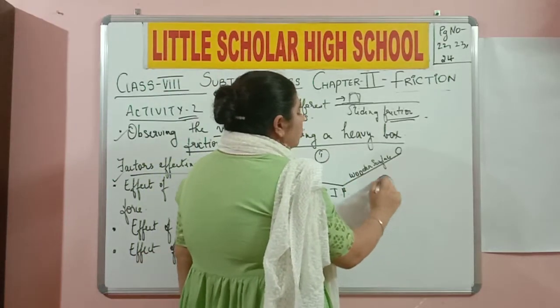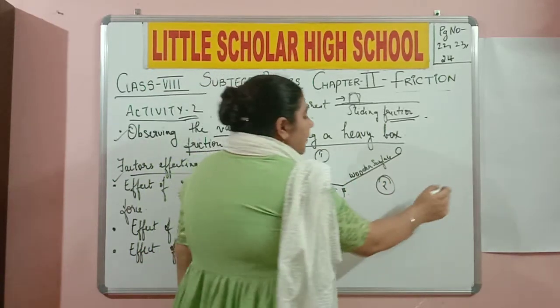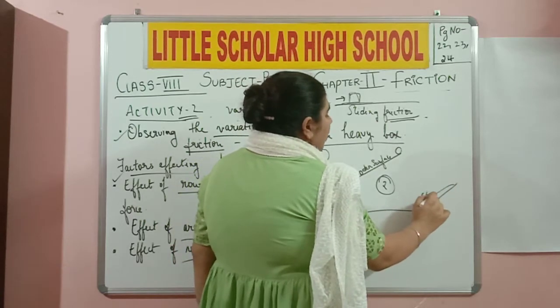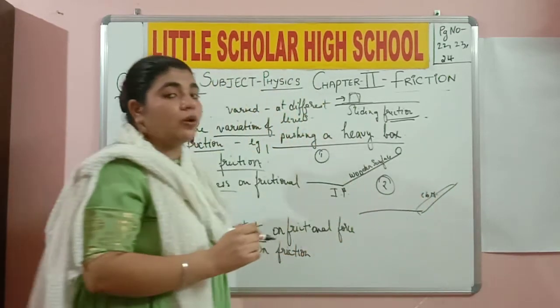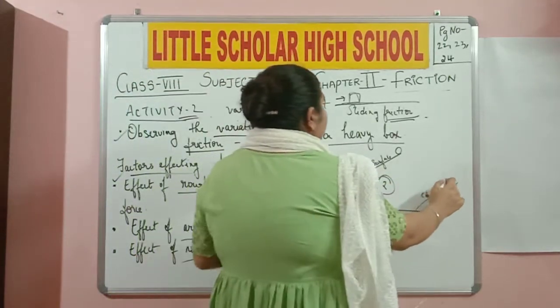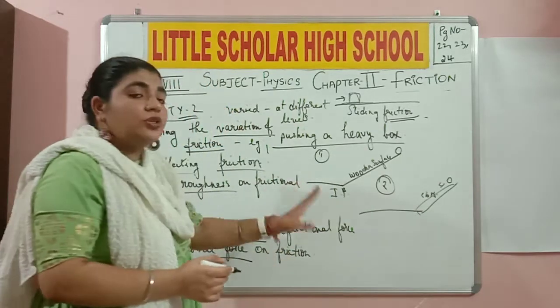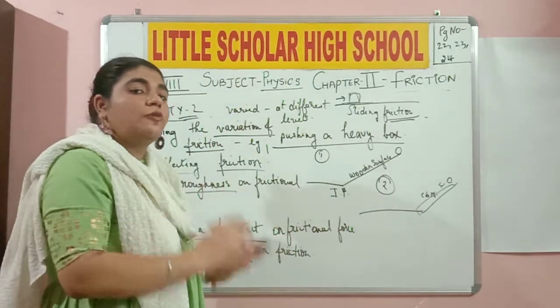In case number 2, I am going to build the inclined plane and place a cloth on this. Okay, after placing the cloth, I am again going to roll a marble on this one. Fine, and I am going to observe in which case the marble is able to move faster.